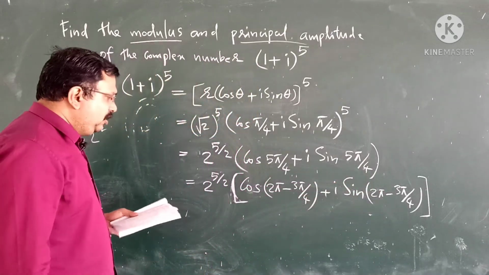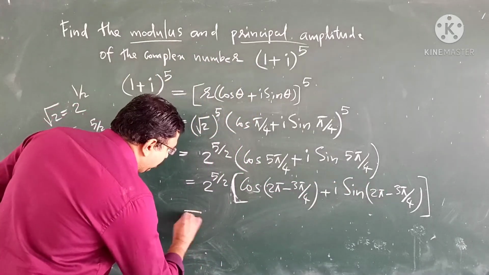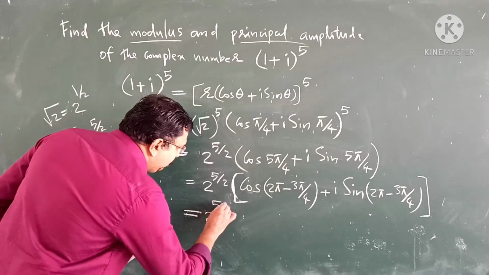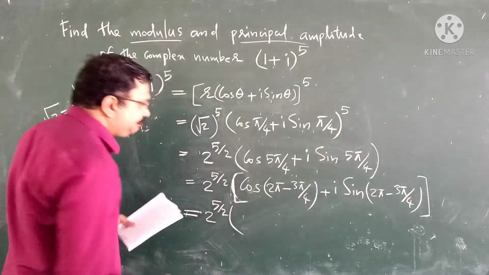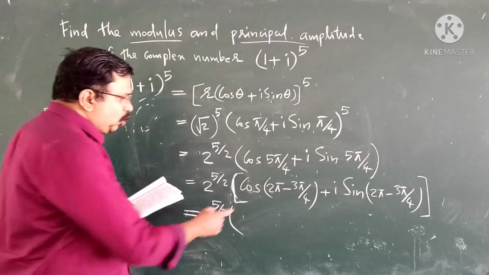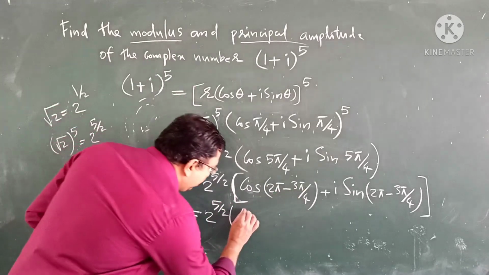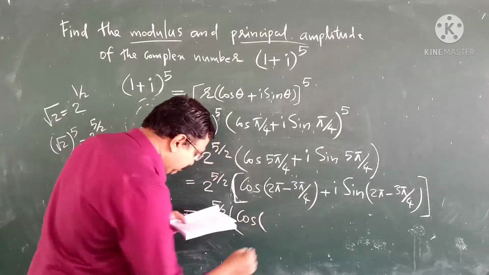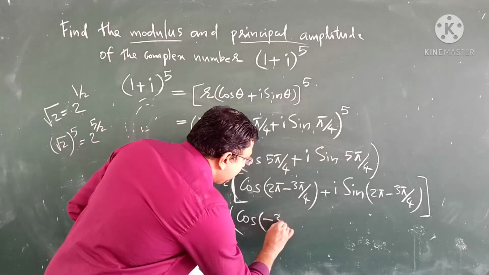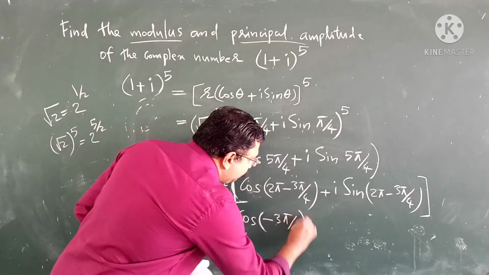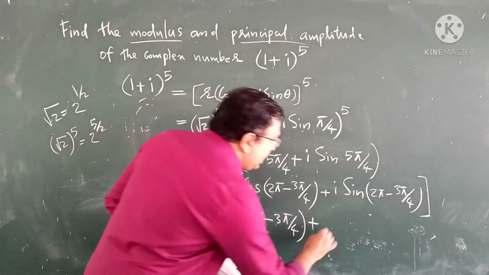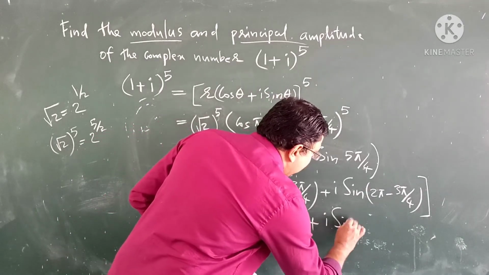Then that is equal to 2 raised to 5 by 2 into, what is cos of 2 pi minus 3 pi by 4? That is equal to cos of minus 3 pi by 4 plus i into sin.